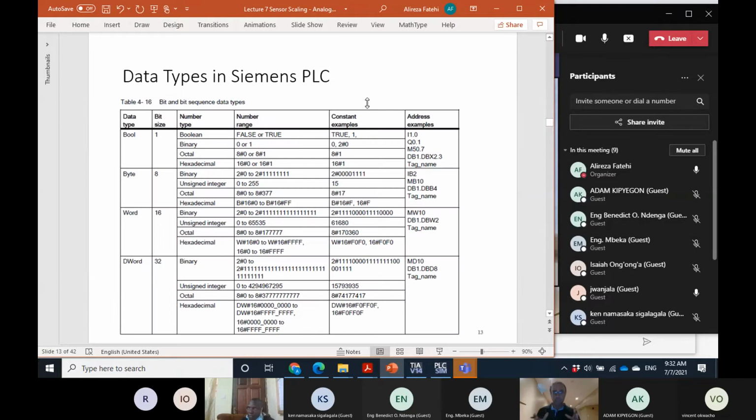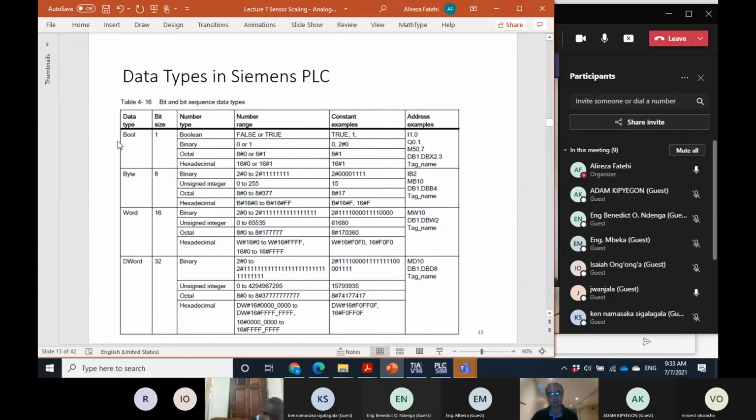Okay. The other thing that we need to go through is the data types in PLC, especially on the Siemens PLC. Of course, data types in other PLCs are not exactly this, but they also have something like it. We studied that a digital signal is represented by 1 bit.